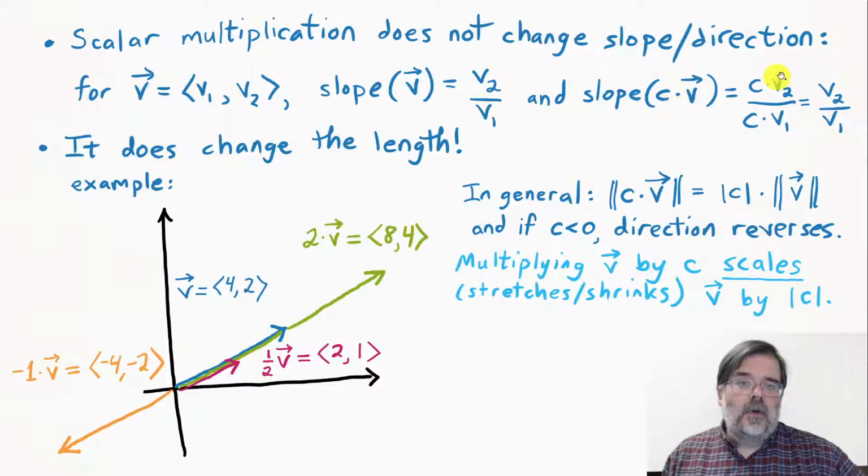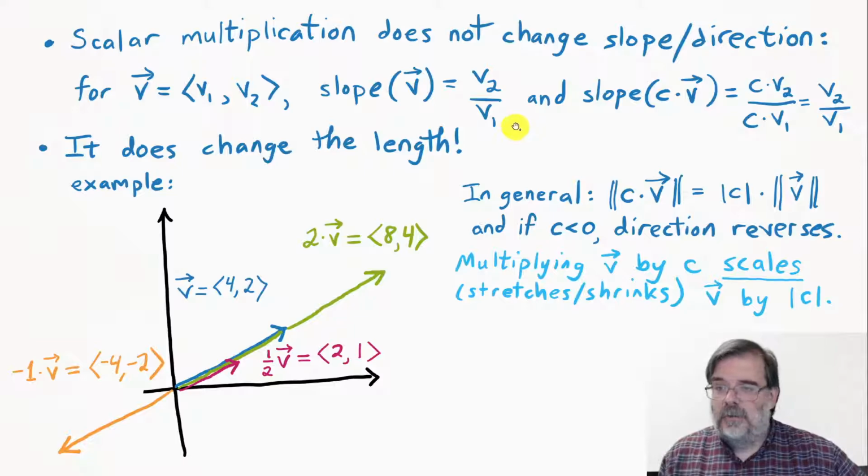Well, each one of the components gets multiplied by c, so according to that formula, the slope is going to be equal to the second component divided by the first component. In other words, c times v2 all divided by c times v1. In this case, the c's cancel, and we're left with v2 over v1, which is the slope of our original vector. In other words, it just doesn't change the slope.